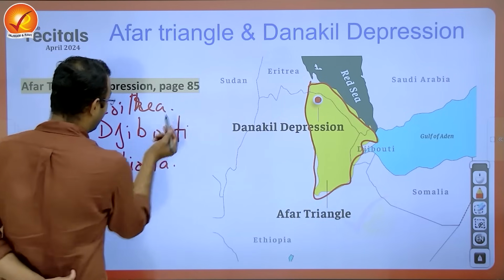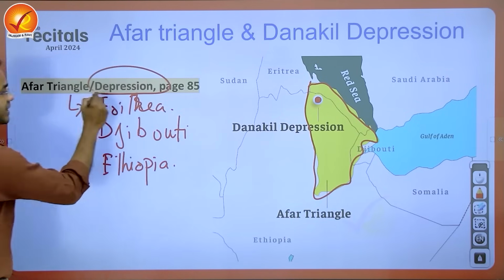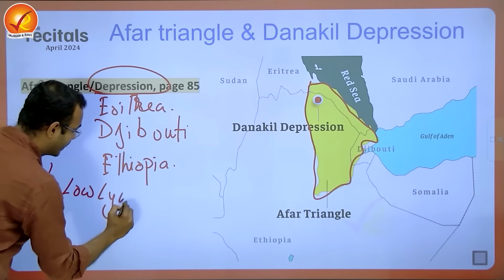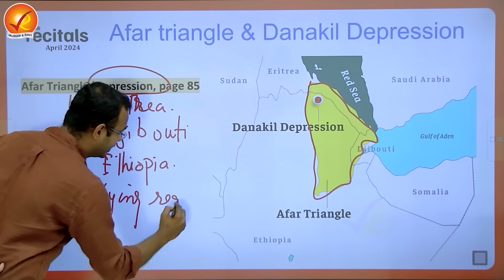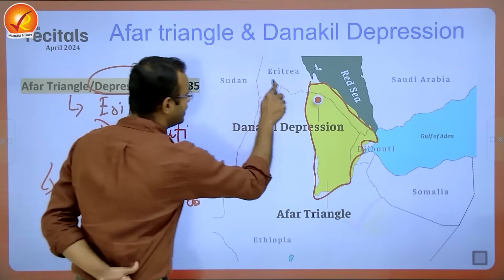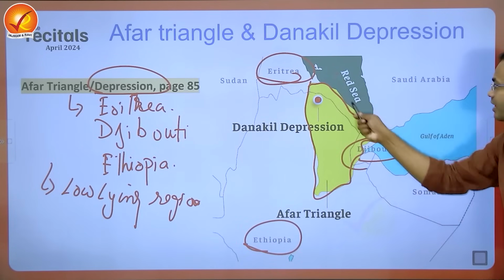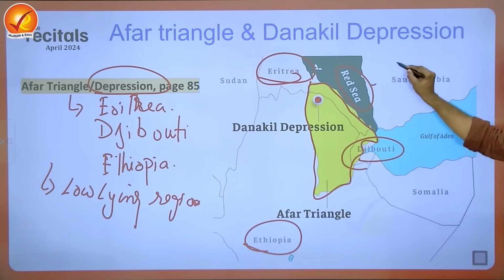And Afar, as the name says, is a depression, a low-lying region present in the easternmost part of Africa adjoining the Red Sea.